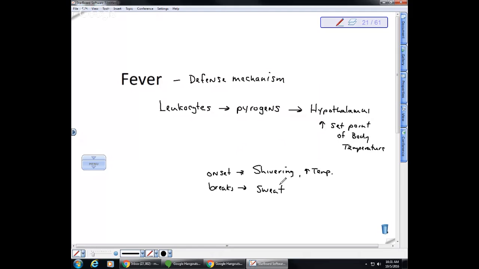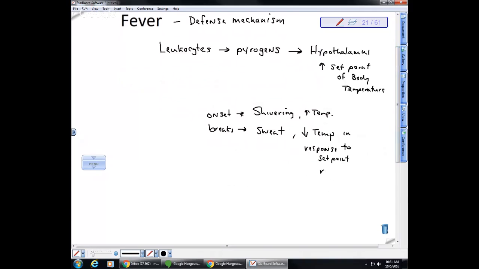This decreases temperature in response to the set point returning to normal. So that would be a good example of homeostatic balance.